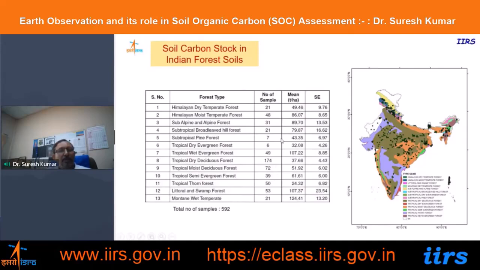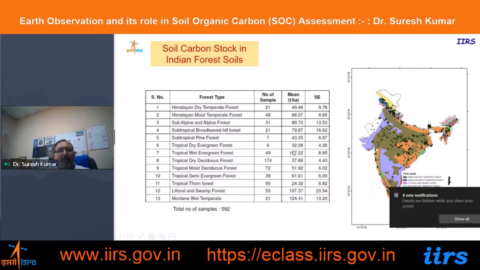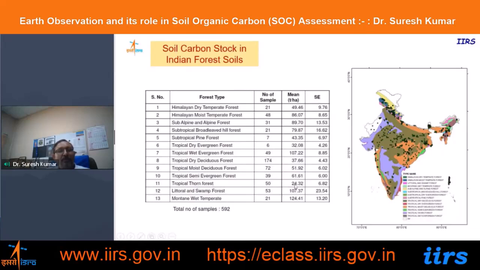The highest soil carbon density was observed in tropical wet evergreen forest, 102 tons per hectare of carbon present, and the lowest was found in tropical thorn forest, 24.32 tons per hectare. In different forest types, we have estimated the soil carbon density with the formula I showed you earlier. But if you multiply the density with the area of the forest, then you will get the soil carbon stock.